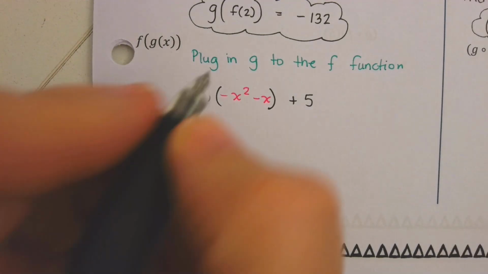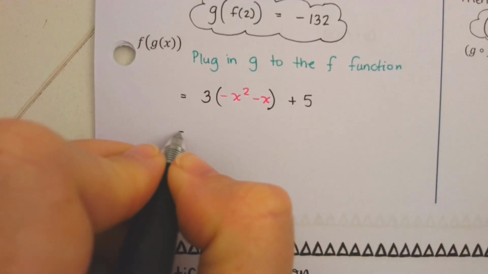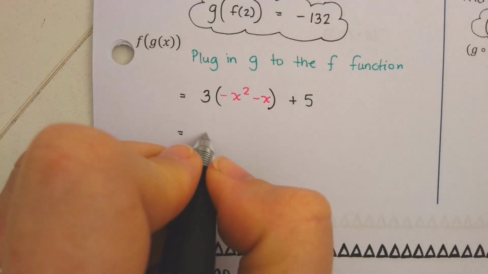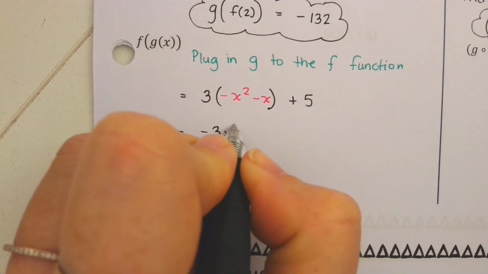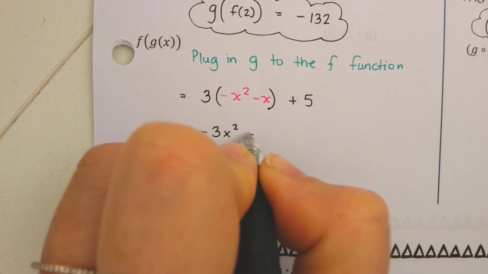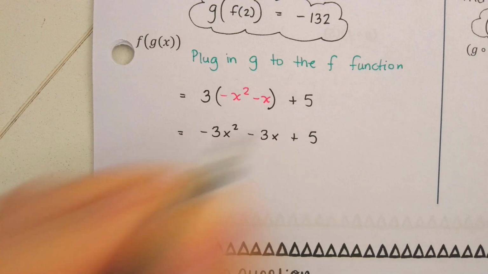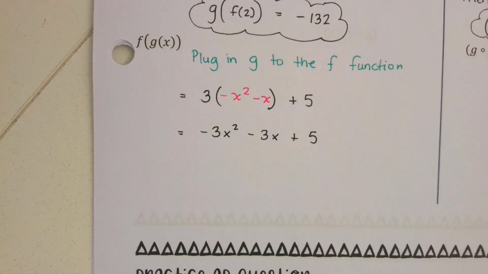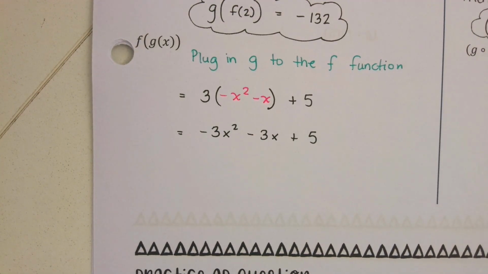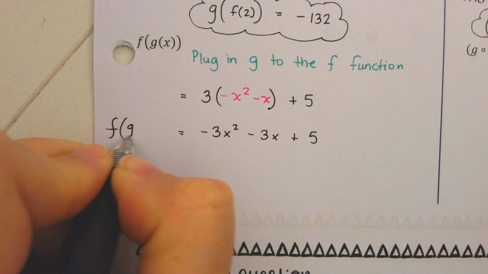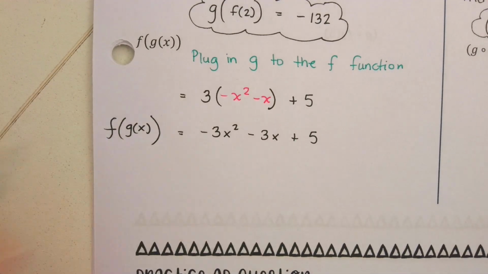Just a tiny little bit of simplifying, you can distribute right here. 3 times negative x squared would become negative 3x squared. 3 times negative x would become negative 3x. And then we'll bring down our plus 5. Can I combine any more? No, no more like terms. So we've officially done f of g of x. We took g, we plugged it into f. F of g of x.